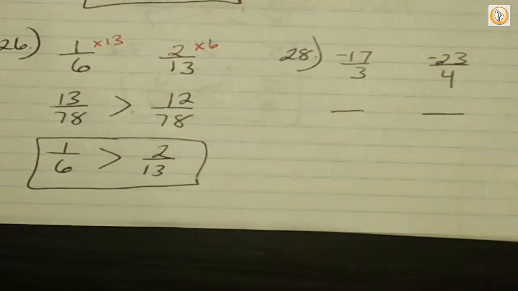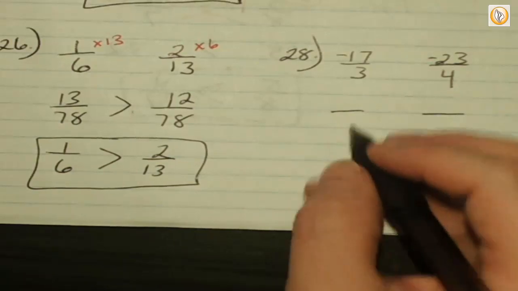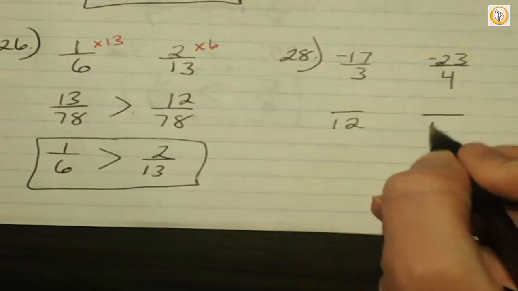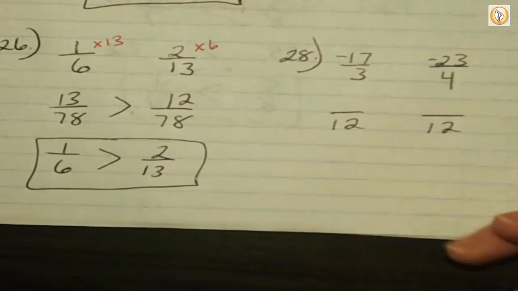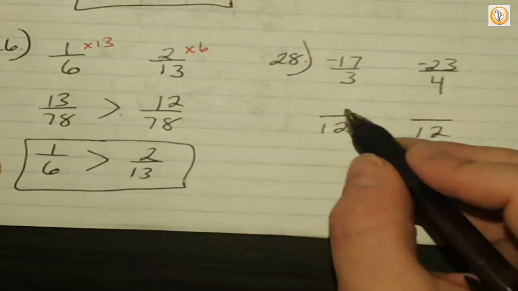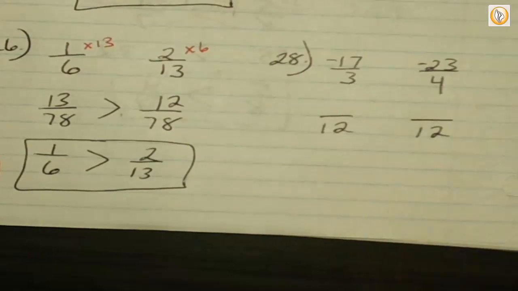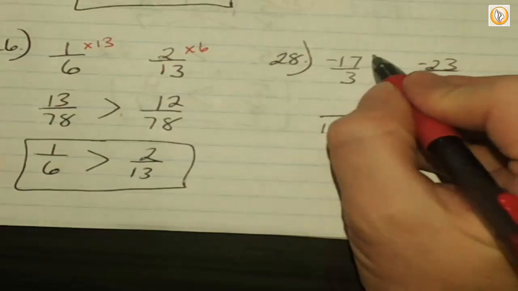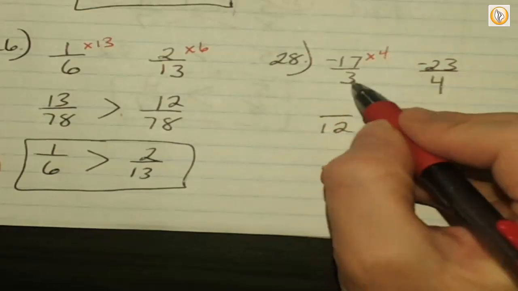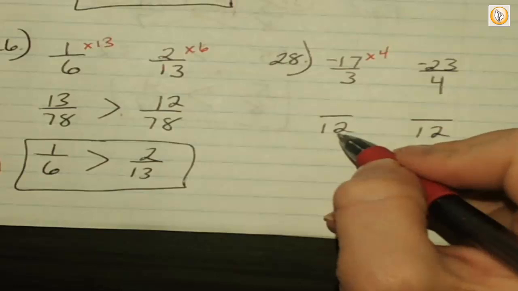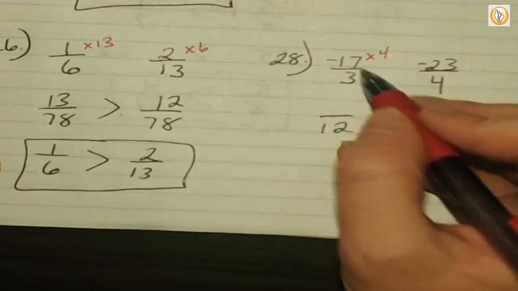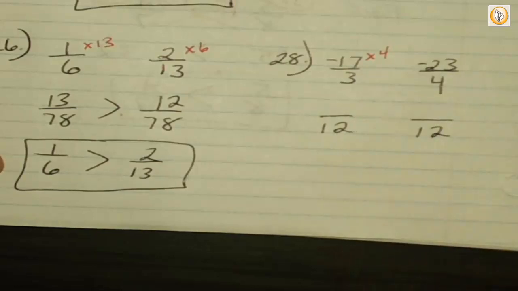So, Michaela, what would be a common denominator? 12. Very good. See, isn't that easy when you just multiply the two? All right, so what would be my new numerator? How many times does 3 go into 12, Michaela? 4. 3 goes into 12 just 4 times. So 4 times negative 17. Anyone want to help her out?